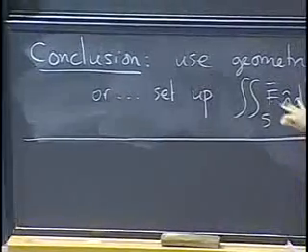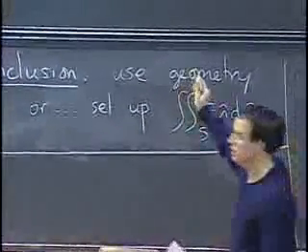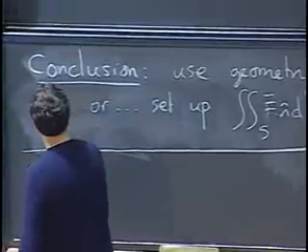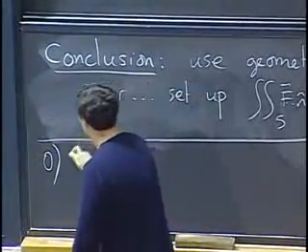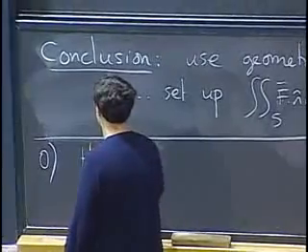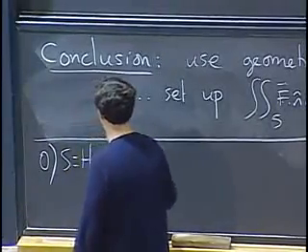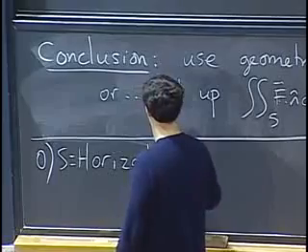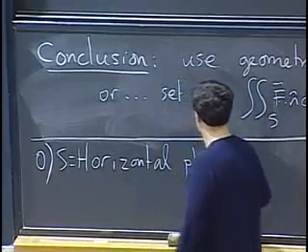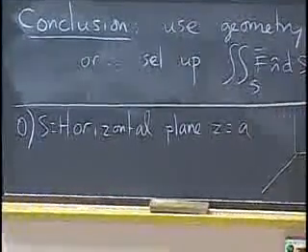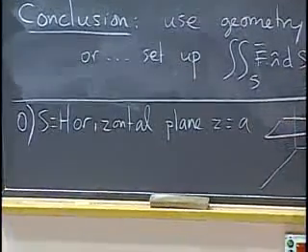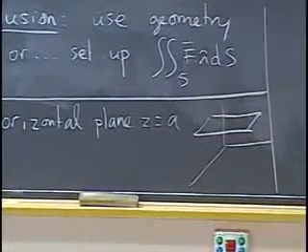So we're going to see various situations where we can do things. Well, let's start with an easy one. Let's call that number 0, actually. Say that my surface S is a horizontal plane, so say z equals a. When I say a horizontal plane, it doesn't have to be the entire horizontal plane.